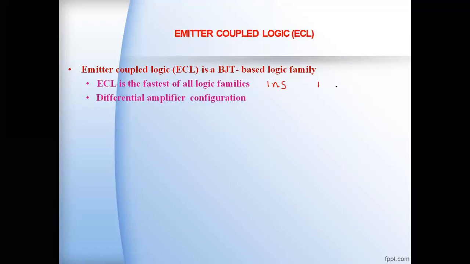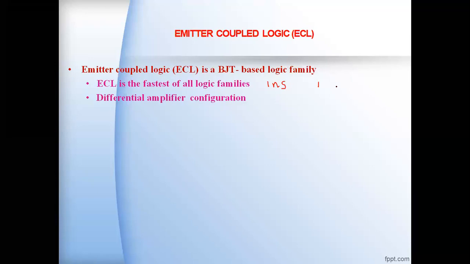In this emitter coupled logic, we will use the differential amplifier configuration. In the differential amplifier configuration, we connect the transistors in parallel, and different circuits are available. In the emitter coupled logic, we will use the differential amplifier configuration with a single end.